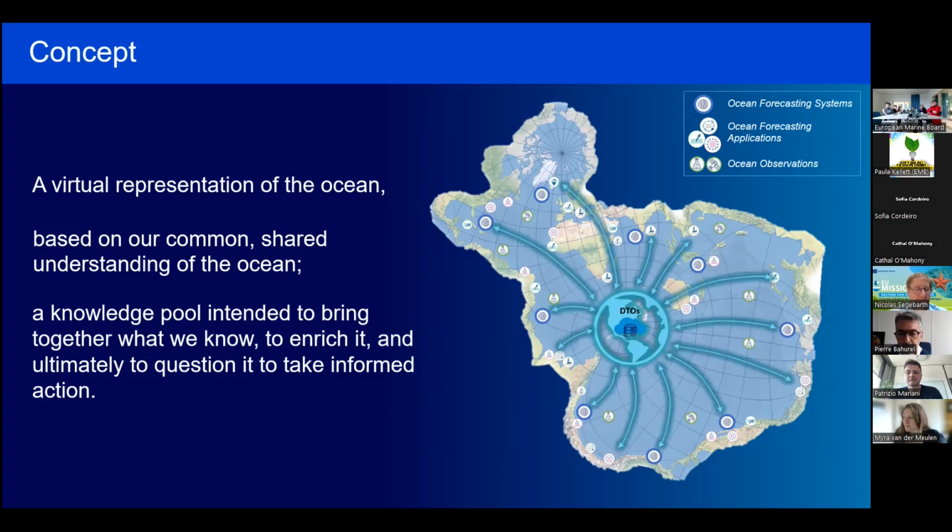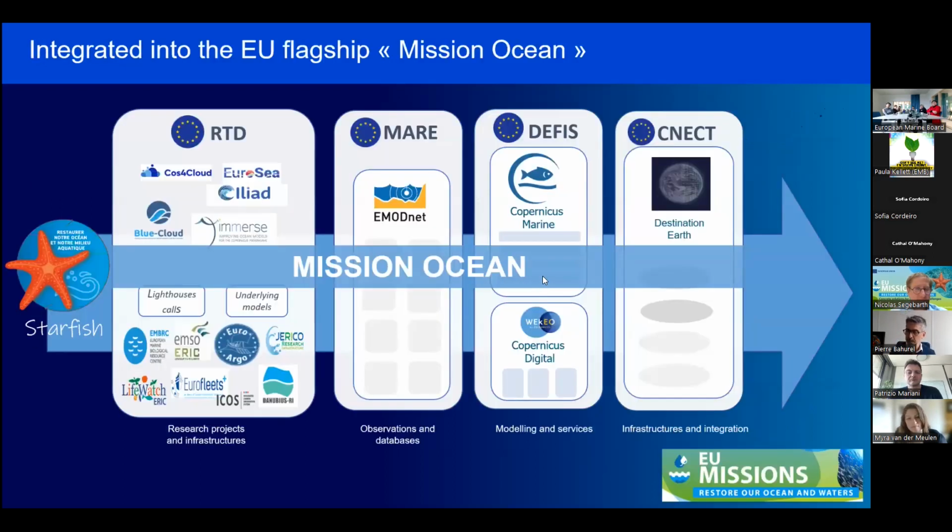Now, as mentioned by Nicolas, I think we are very lucky to have the European Commission, of course, but also this mission to restore our ocean and waters by 2030, which is really cross-cutting.